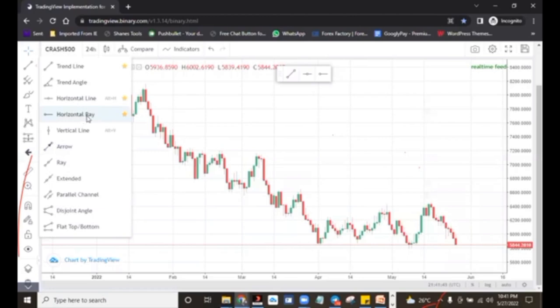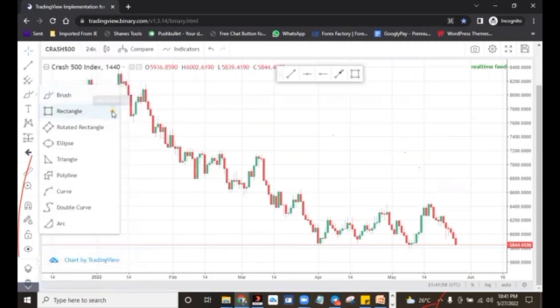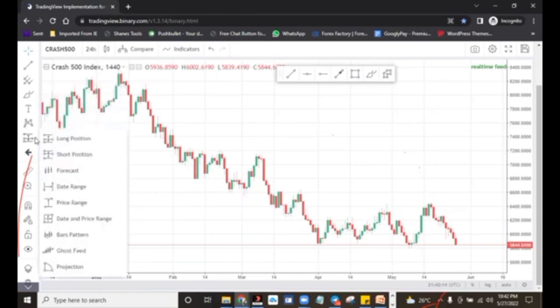You can only see the horizontal ray on TradingView. Horizontal ray is not on MT5. We have the arrow. We also have the rectangle. I'll be needing this brush so I can draw things for you guys. I'm also going to be needing this to show you some things, but you wouldn't see these on MT5 though. Let me see also.